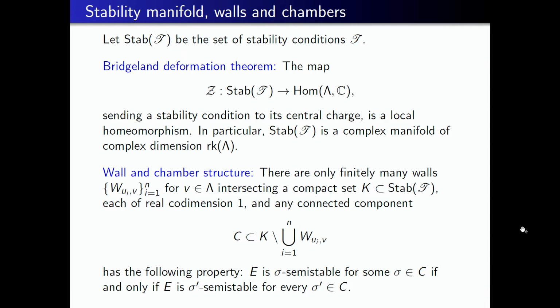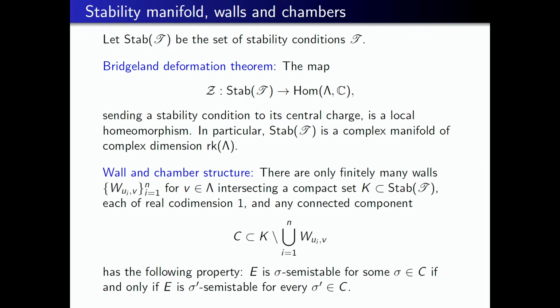So this is the first result, saying that all these stability conditions form a manifold, so you can continuously or holomorphically deform your stability conditions as you walk in this complex manifold. And second, there is a wall and chamber structure.